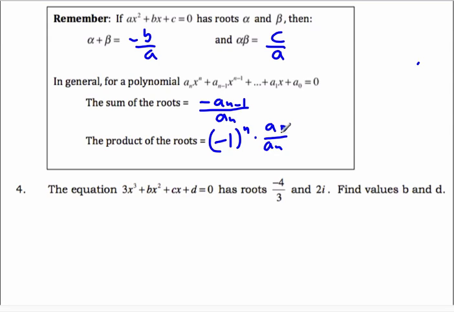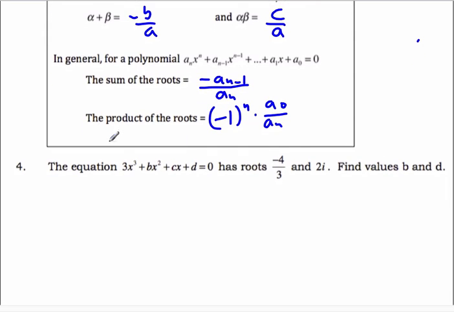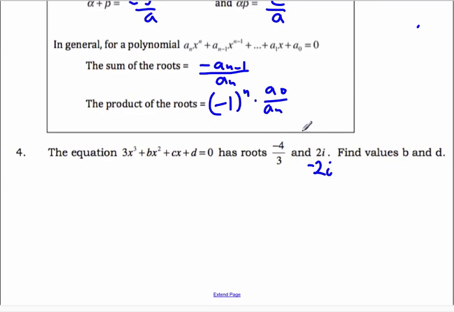Now we're going to apply this to some complex number problems. This equation has these roots, find b, c, and d. Well, we're given two roots, and we know the third root is going to be -2i, because they come in conjugate pairs. So we can figure out b and d here by using the sum and product rules.